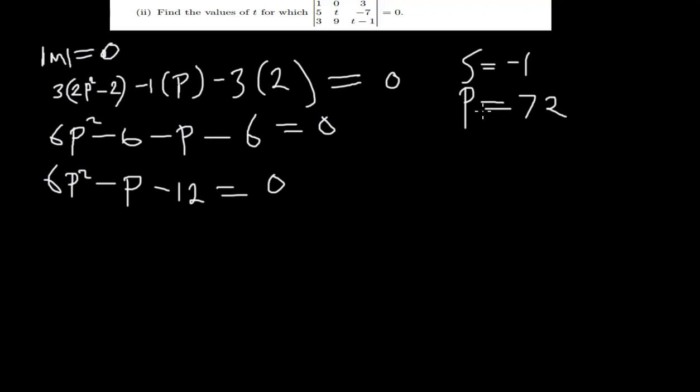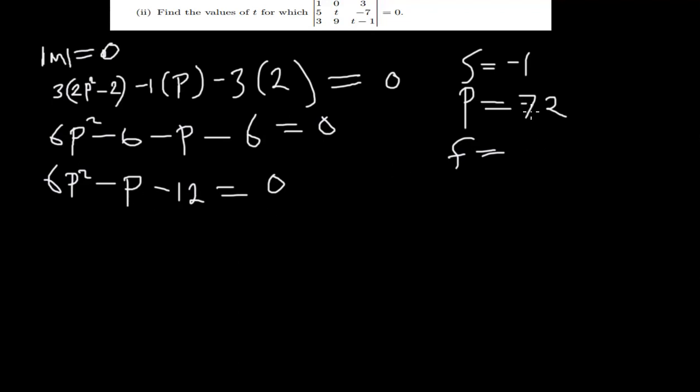72, sorry, so 72, that's the product, and then from there you're going to have your sum, sorry, the factors are going to be 8. The product here is supposed to be negative 72.